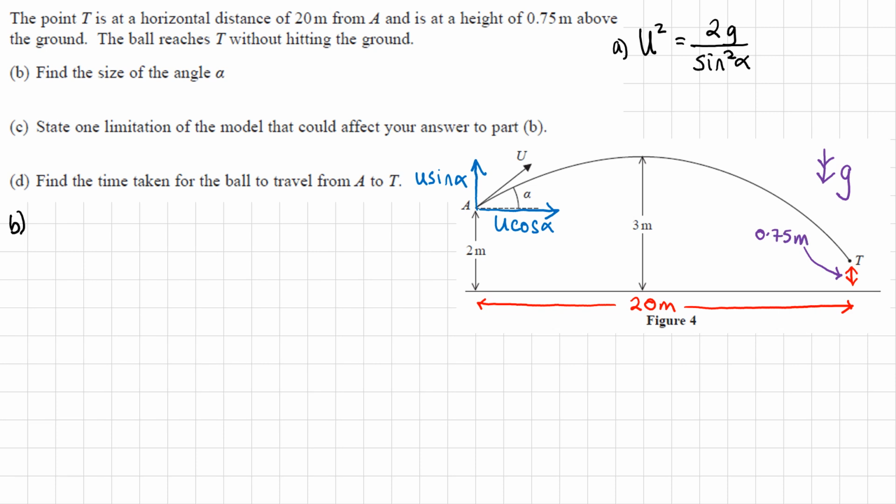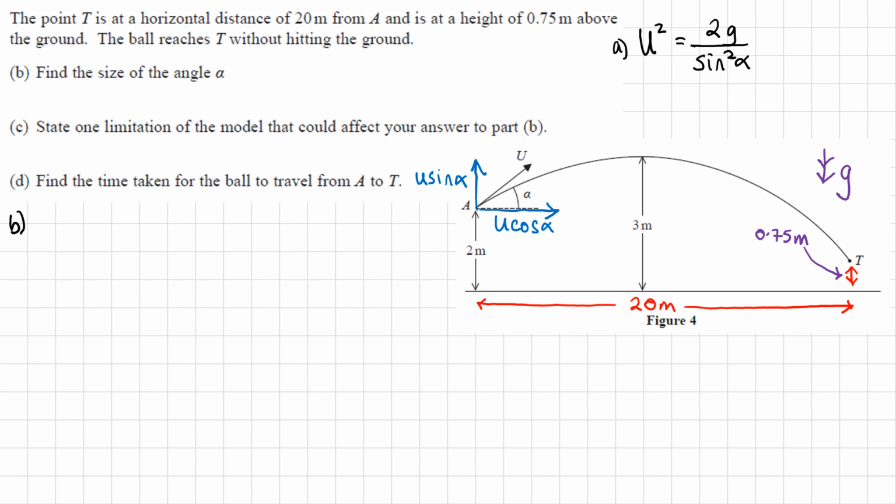So we now know the horizontal and vertical distance to point T, which means it horizontally and vertically is going to take the same amount of time to get to here, so we can use the horizontal and vertical components of the projectile motion and use that to find the value of alpha.